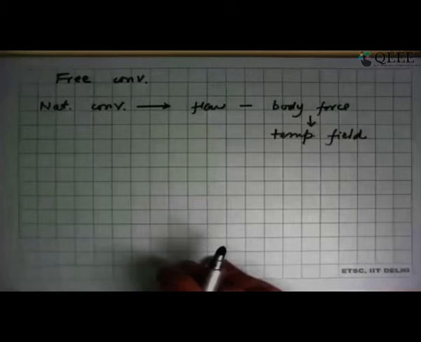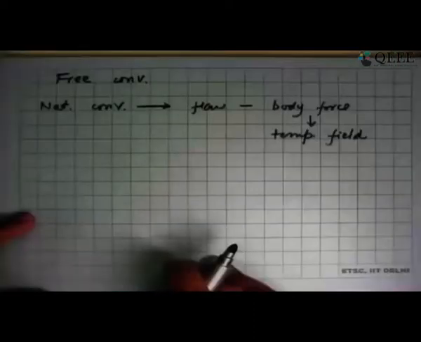What it means is that as heat transfer takes place in the fluid, it sets up a temperature gradient in the fluid. This in turn generates a body force, and this body force influences the way the fluid will move. This is what was not happening in forced convection, where the external driving force is so strong that temperature gradients do not affect the bulk flow. That's the difference between natural convection and forced convection.